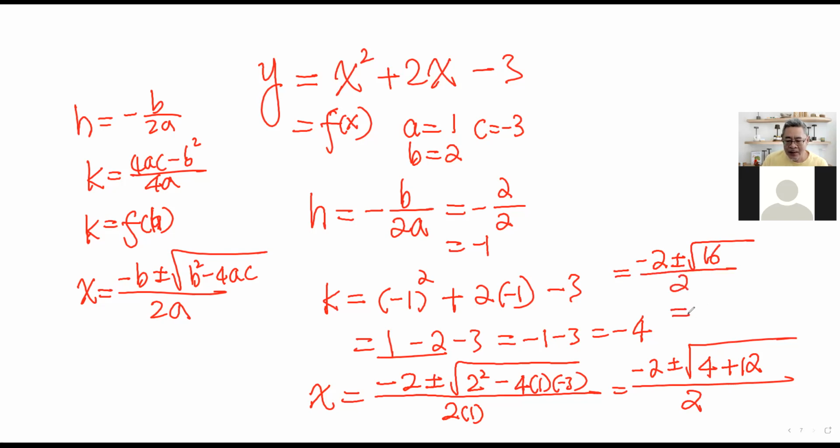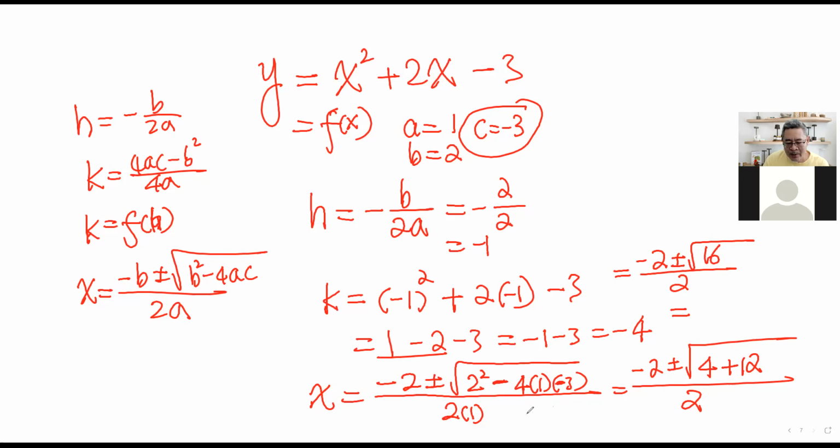I have a question. For the 4 plus 12, why did it turn to positive? Well, we have a negative here and a negative here, so negative times negative, because our c is negative. But wouldn't it be 1 times -3 times 4?